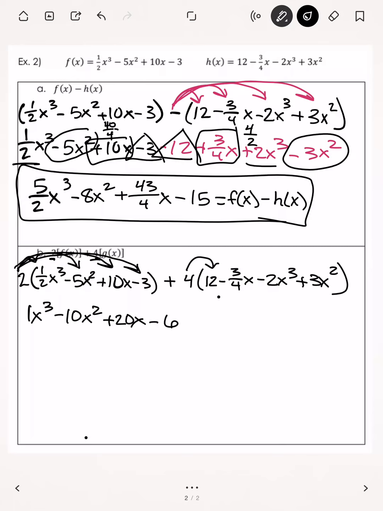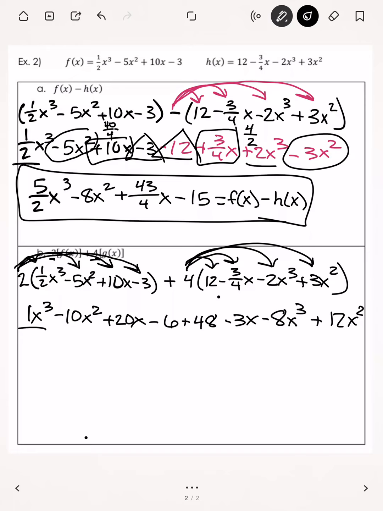So 4 times 12 is a positive 48. We have 4 times a negative 3/4 x, which turns into a negative 3x. 4 times a negative 2 is a negative 8x cubed. And 4 times 3 is a positive 12x squared.